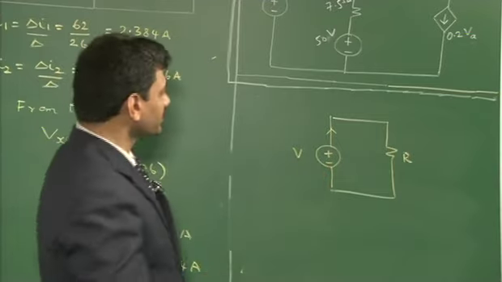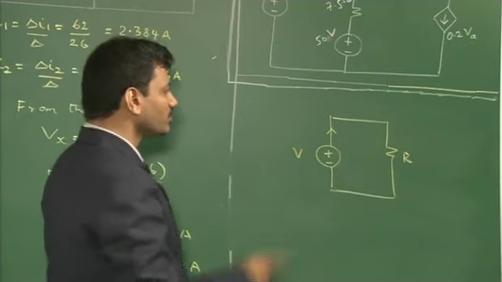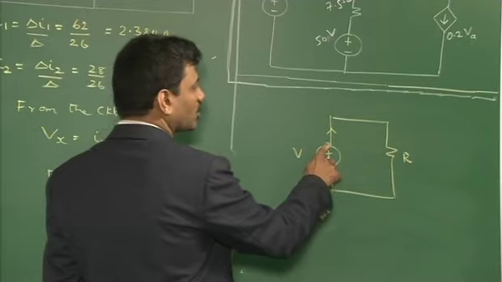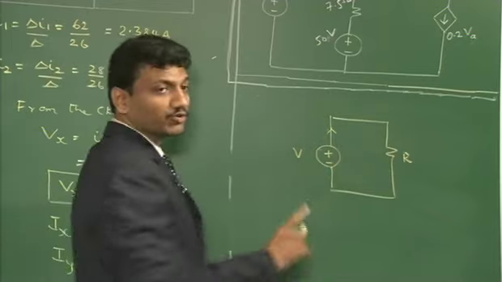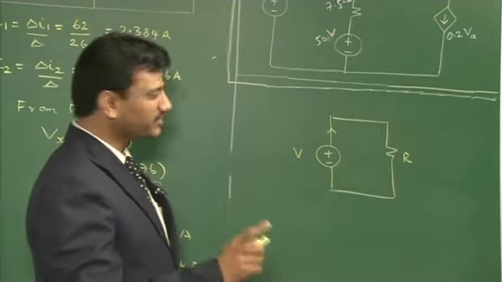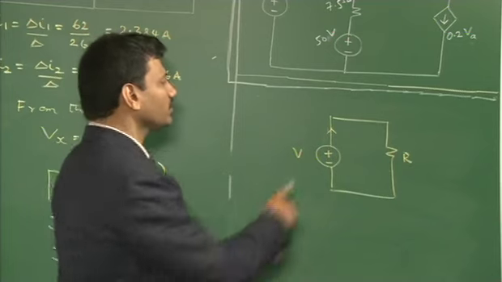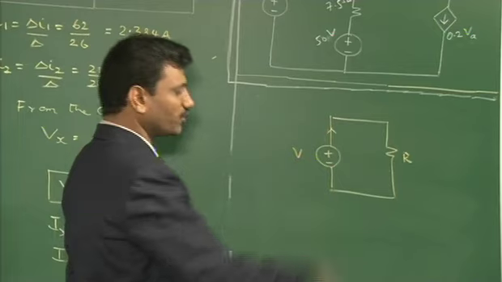Now if there is a voltage source which is delivering the power, current always comes out of the positive polarity. This is what you have to remember. Whenever a voltage source delivers the power, the current comes out of the positive polarity of the source.